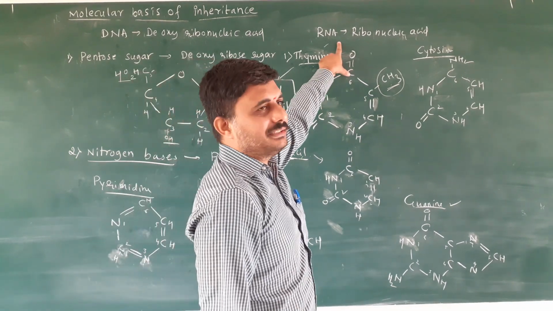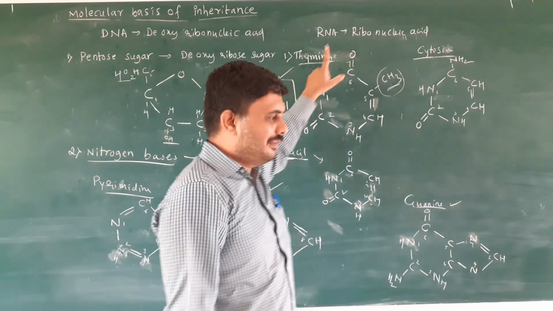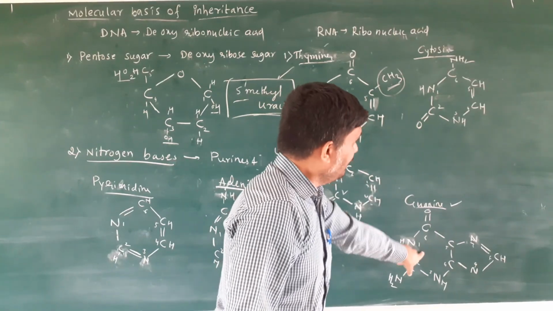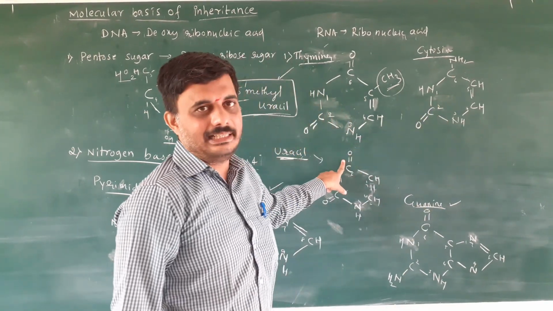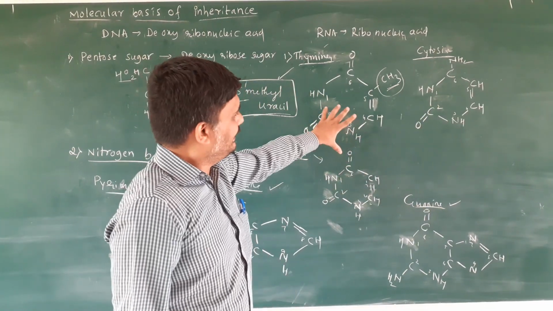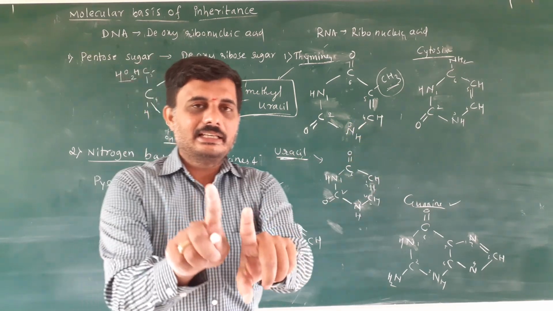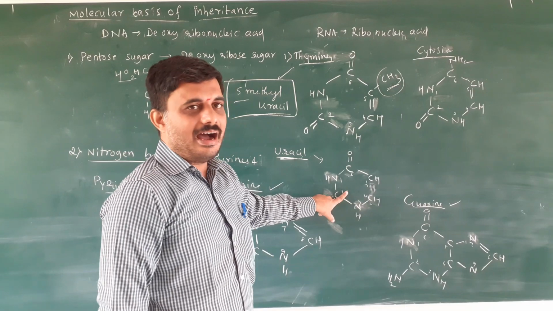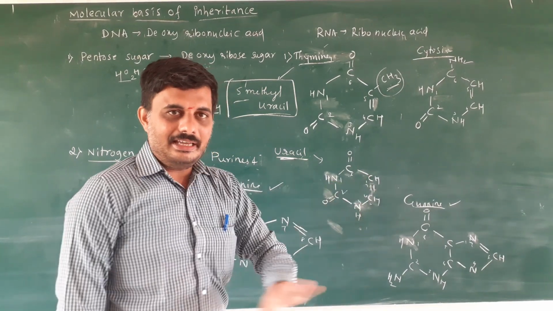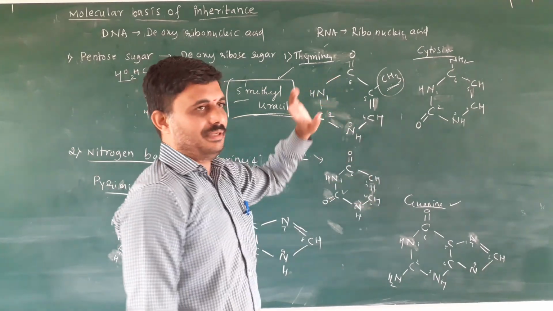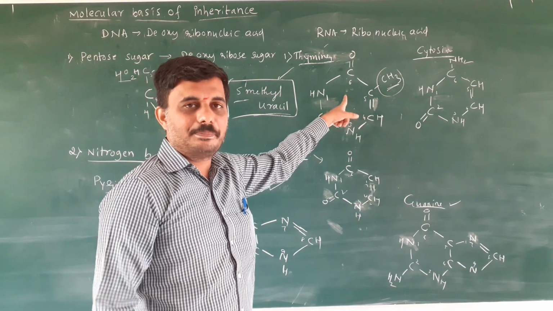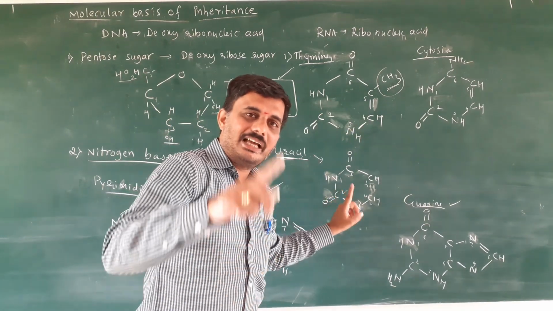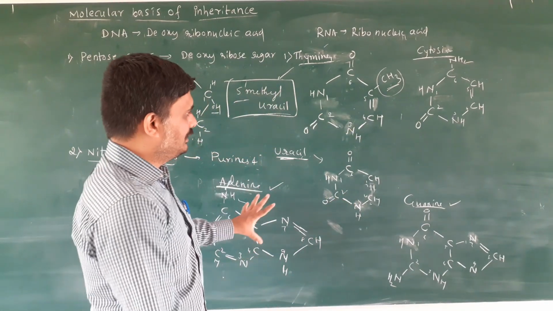The nitrogen bases present in RNA are adenine, guanine, cytosine and uracil. So only this difference is there between RNA and DNA. DNA does not have uracil, RNA does not have thymine. So these are the structures.